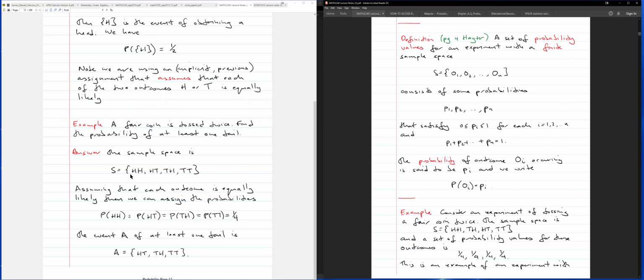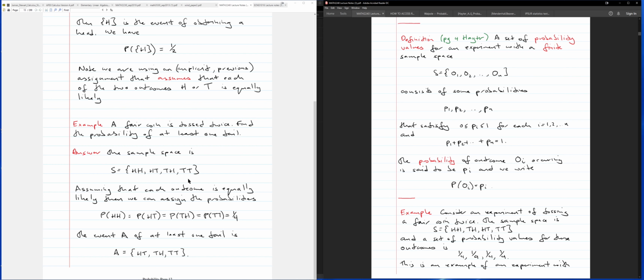Because the coin is fair, each of these 4 outcomes is equally likely, and because the probabilities have to sum to 1, each possible outcome has a probability of a quarter.